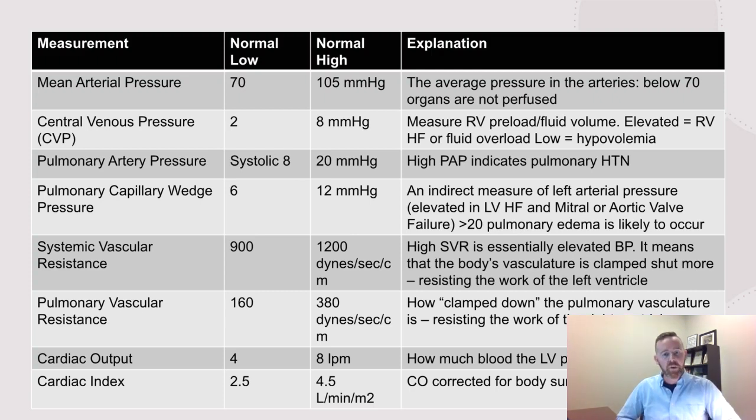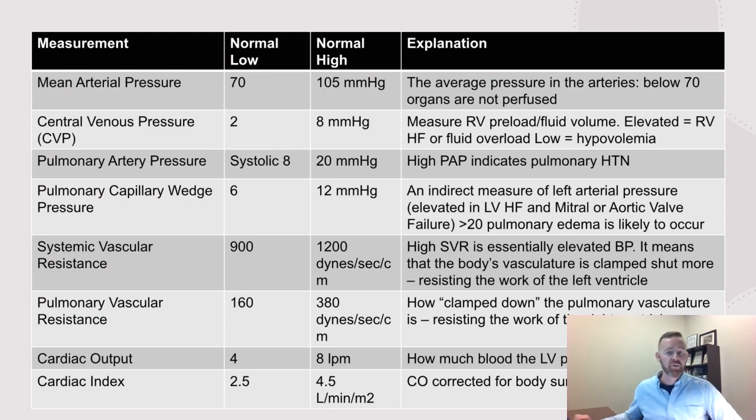Okay? We also have this thing called a pulmonary capillary wedge pressure, sometimes just called a wedge. Normal low is 6, high is 12. This is essentially an indirect measure of left atrial pressure. So if it's elevated, it's telling us you have left-sided heart failure, or you might have some kind of mitral or aortic valve failure.